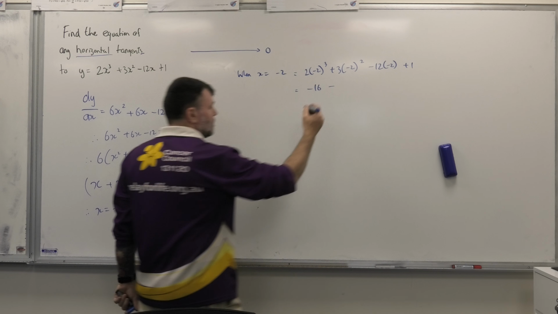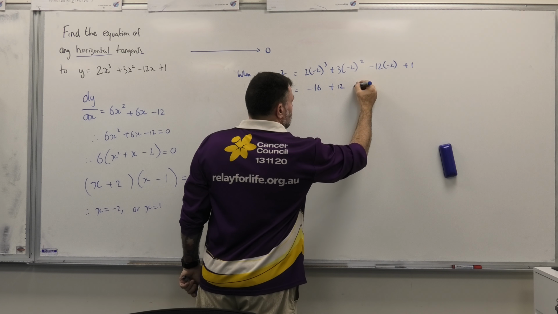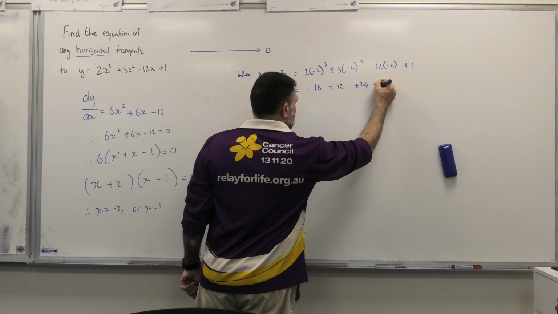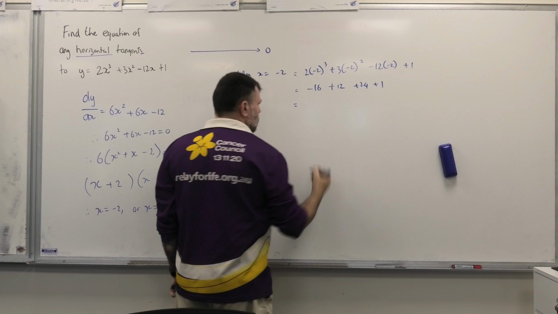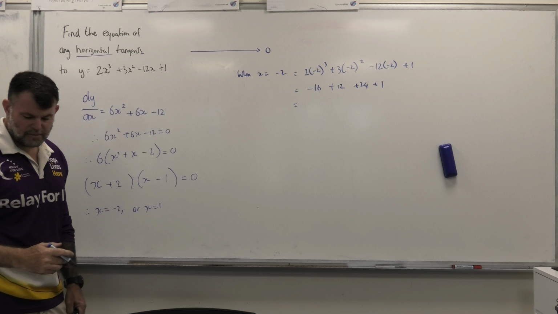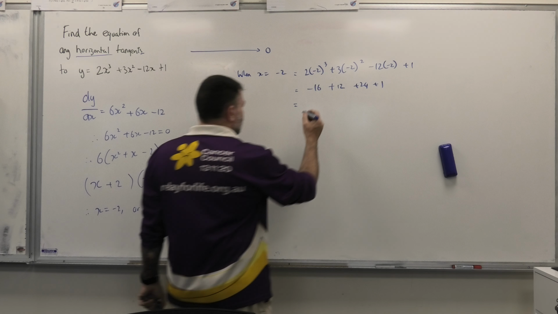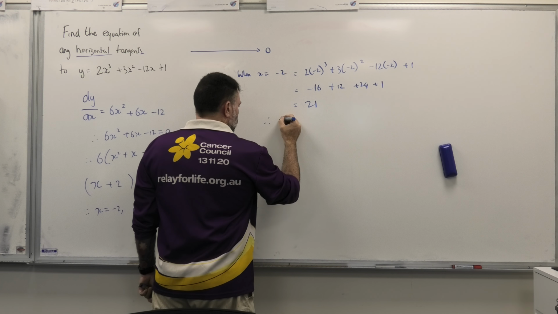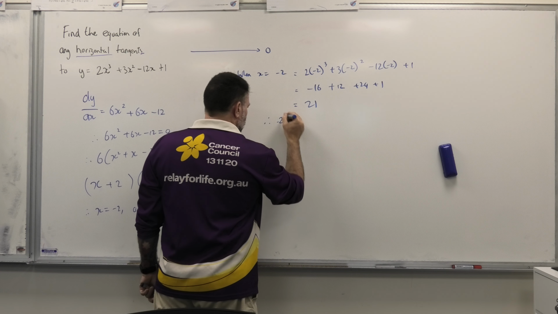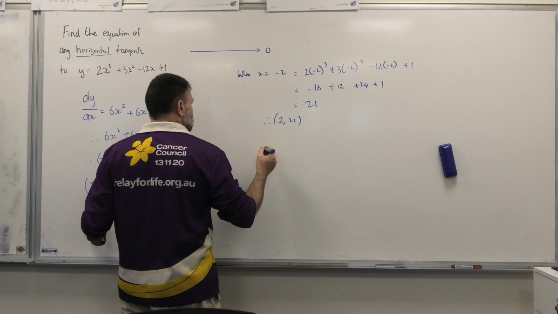Yeah, plus 12, plus 24 plus 1, which then gives me something along the lines of 21. Do I get 21 for that one? Should get 21. So therefore, we get -2 and 21 at our first point.